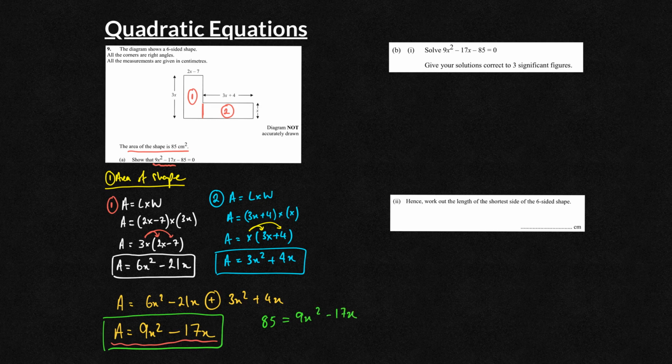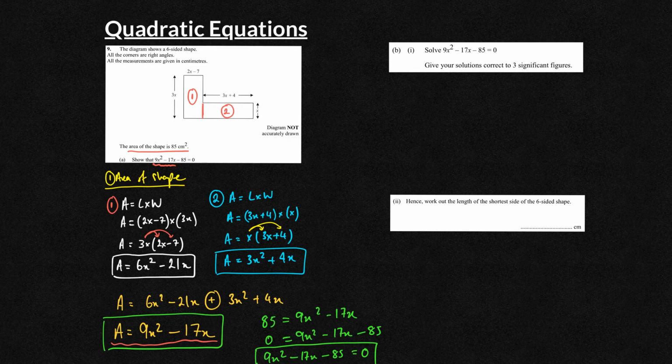If I look at what I need to show, I can see that I just need to do a bit of manipulation. So I need to make the left hand side 0. I need to get that positive 85 over to the right hand side, so that's going to make it negative 85. Then you can of course rewrite this as 9x squared minus 17x minus 85 equals 0, and we are done for part A.